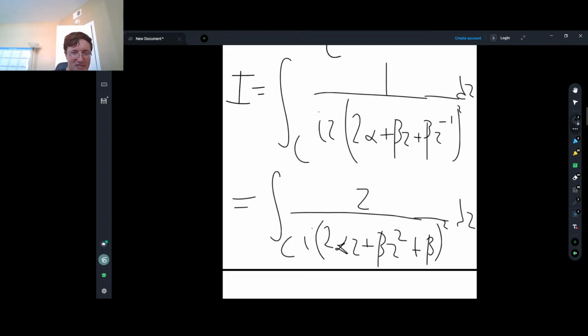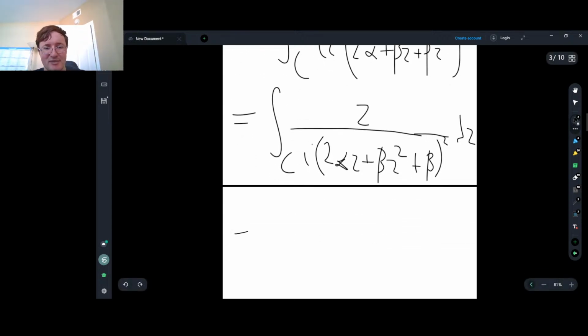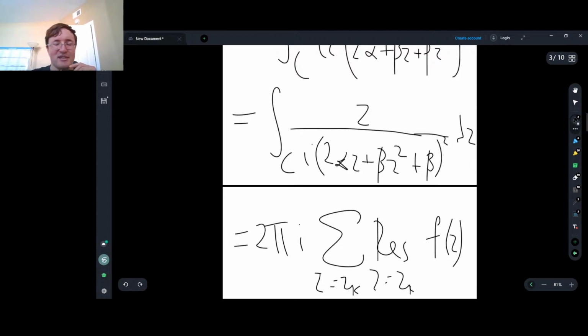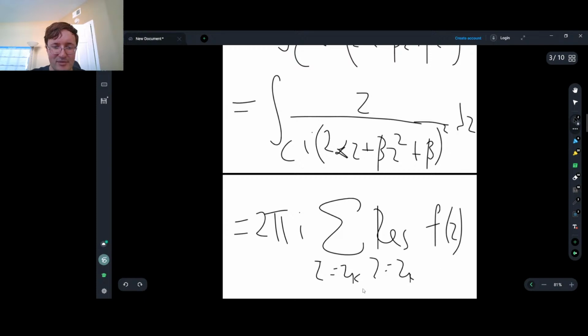Okay, that's a big mess. And this is going to be 2 pi i times the sum of the residues of this big mess.